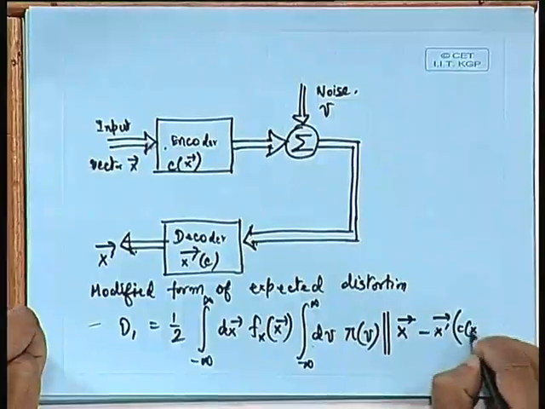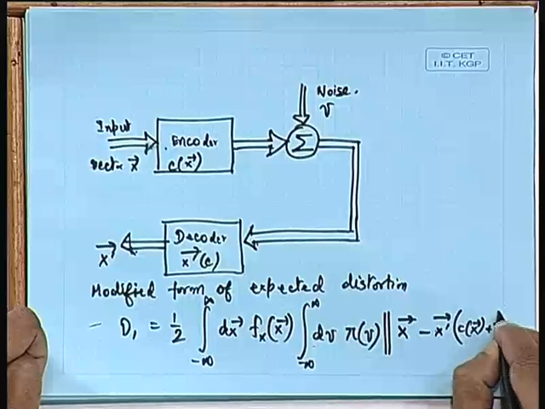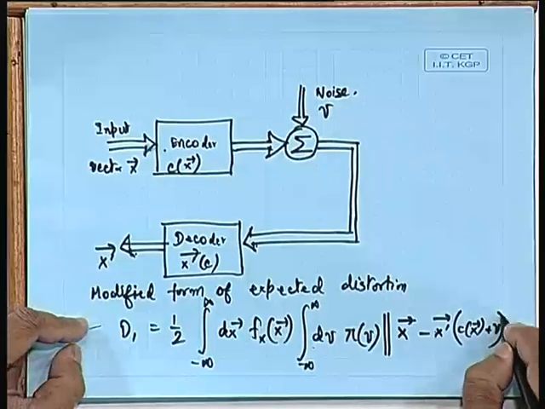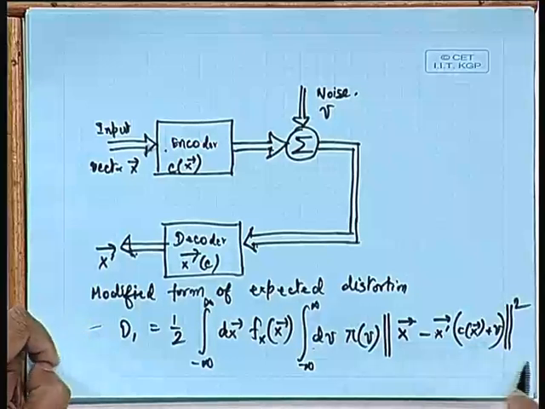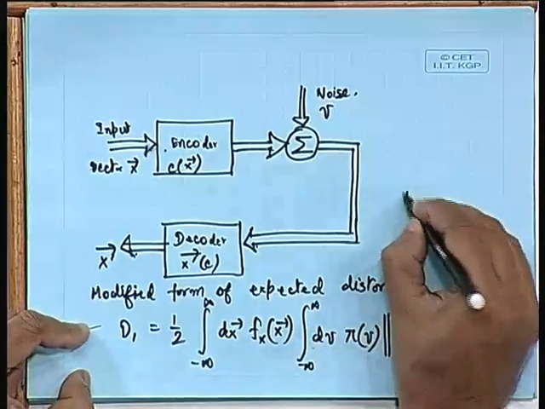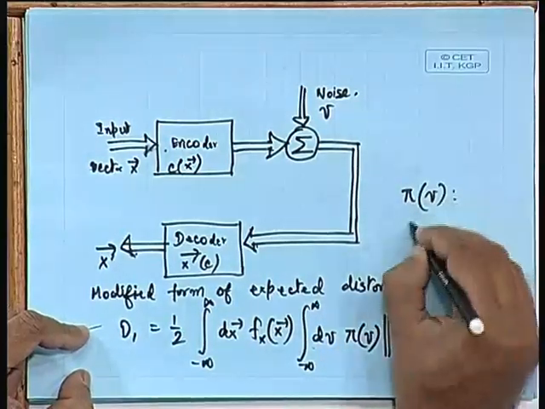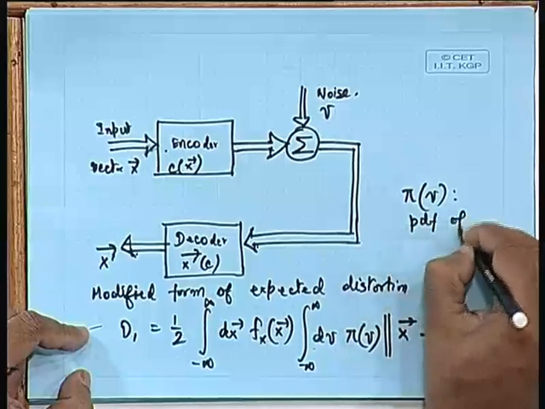We have to take the Euclidean norm of this, so this is the square of this, and pi of nu is the PDF of the noise.